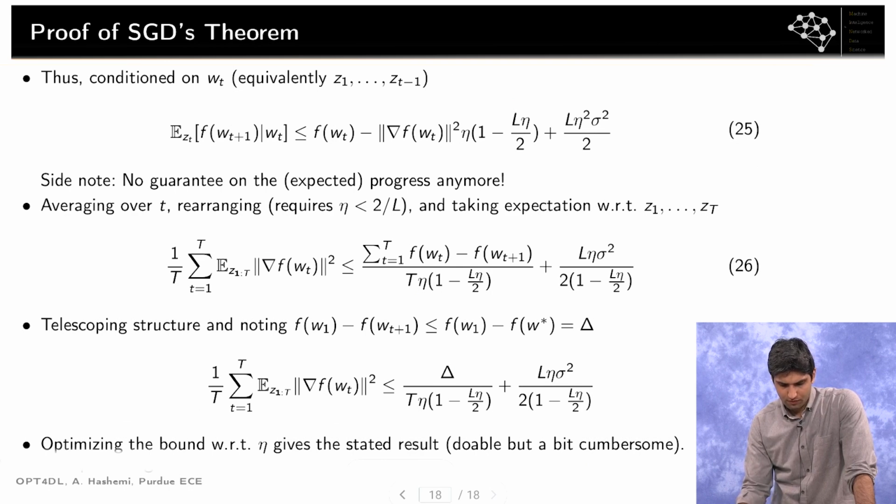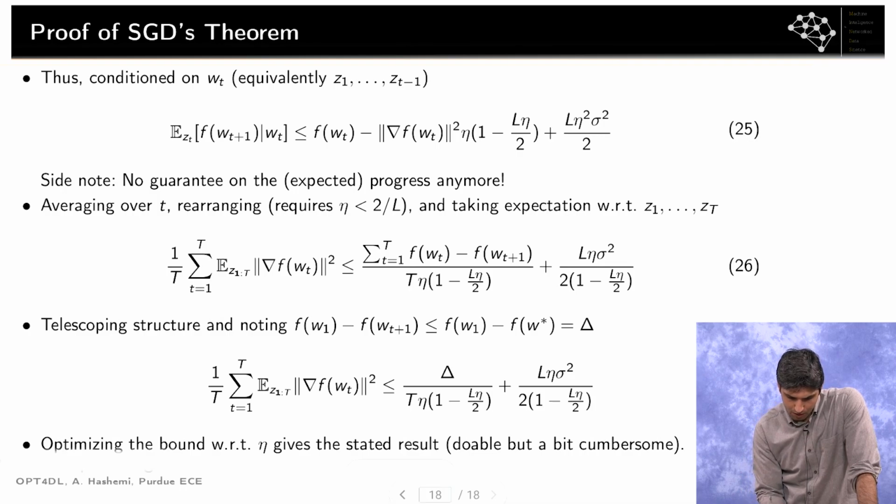So what did we do? We had some bound on the progress. There were two terms that we needed to handle, and we did that by taking proper expectations. Now, therefore, this is the result that we have. The expected value of the function at the next solution is bounded by the current function value minus this term plus a third term.